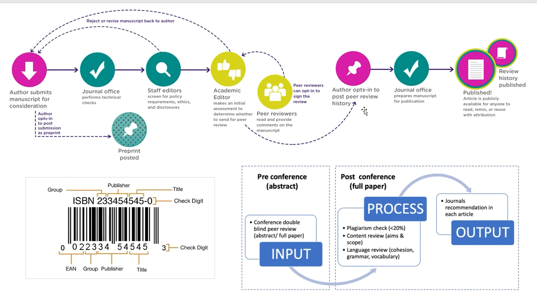If it appears in a database somewhere else, it is automatically rejected. Later the peer review process is done, and finally the output goes to the author options. If accepted, the journal office takes the manuscript for publication; otherwise it is rejected and automatically declined. Finally the article is published, with post-publication review available.